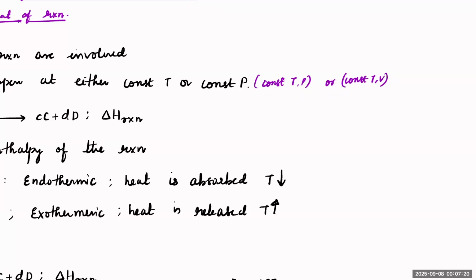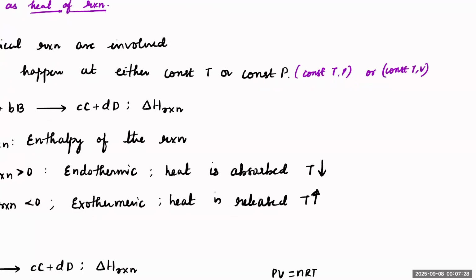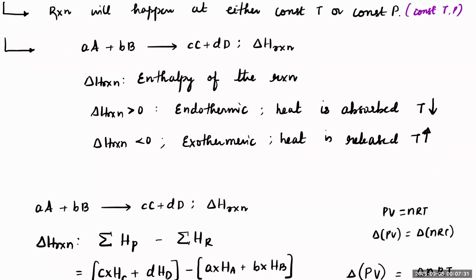Most of the time in chemical reactions, we try to keep the temperature always constant, and only the pressure and volume change. Then the heat that is carried in or out of the reaction is called delta H of the reaction. Delta H is also known as the enthalpy of the reaction.